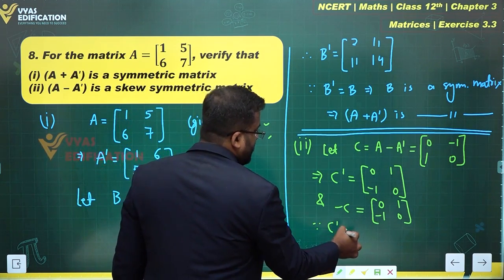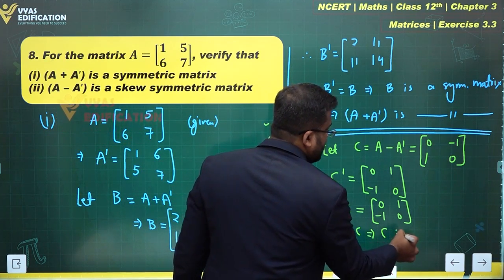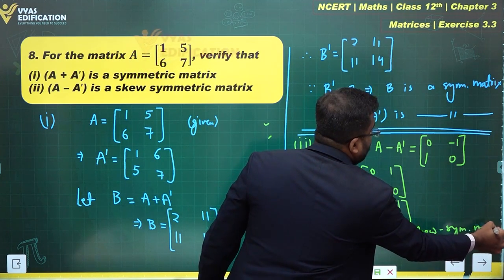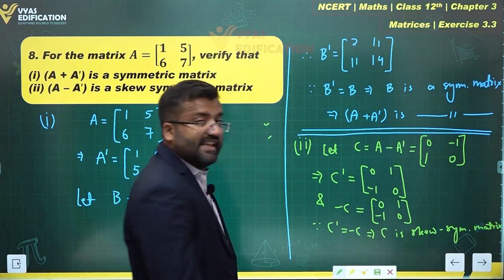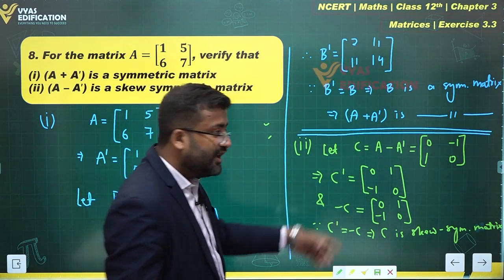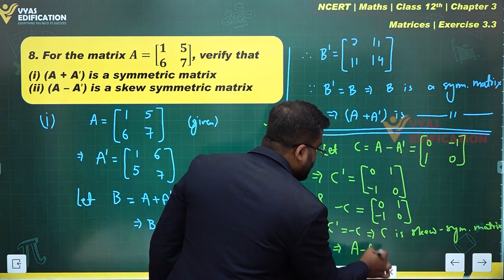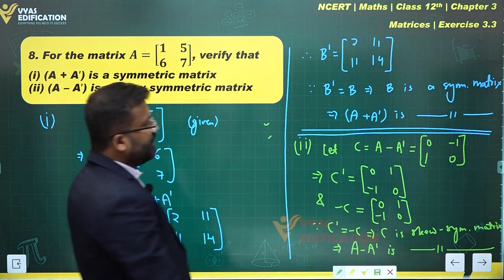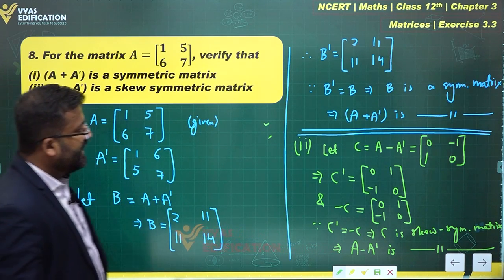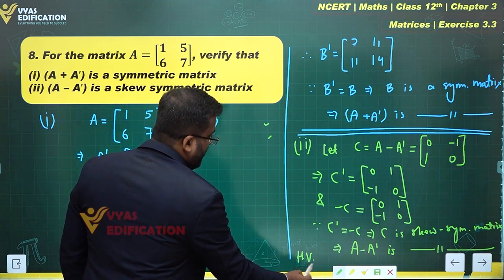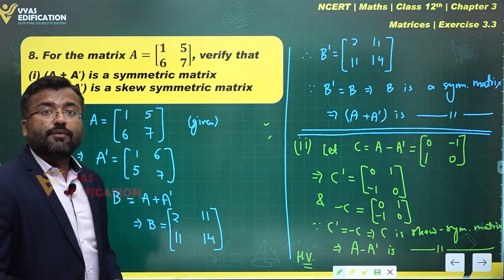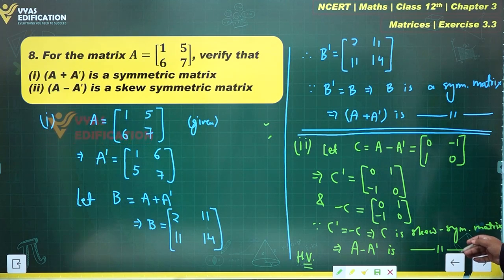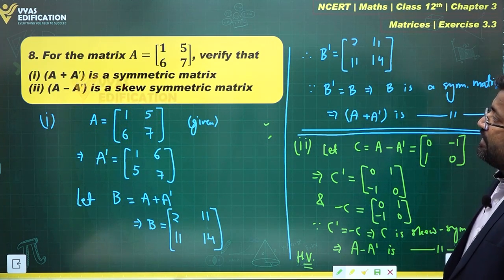Since C prime equals minus C, C is a skew symmetric matrix. This implies A minus A prime is a skew symmetric matrix. That's what we were supposed to verify. And have we verified this? Yes, this has been verified, as you can clearly see over here. That's the complete solution for this question, and you can take a look at this complete solution over here.